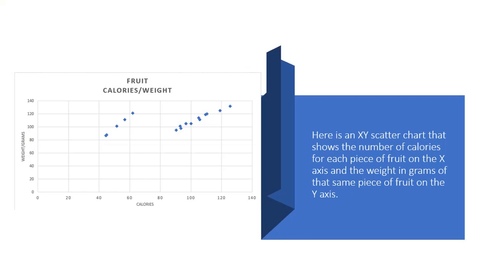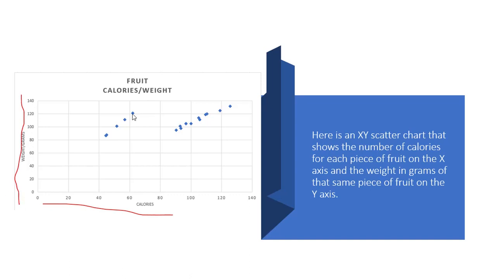Here is an XY chart that shows the number of calories for each piece of fruit here on the x-axis and the weight in grams of that same piece of fruit on the y-axis over here.